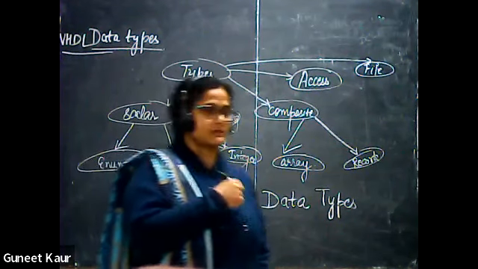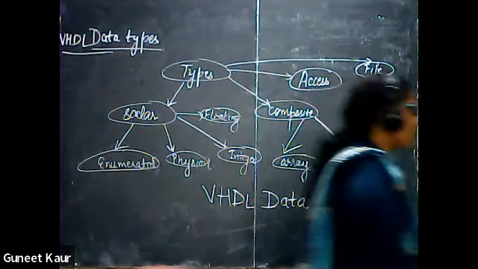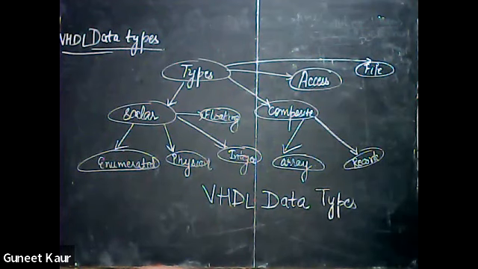in today's lecture. Now, going further, firstly I will discuss what data types actually are. You know that VHDL is a strongly typed language, and the type of a data object defines the set of values the object can assume, as well as the set of operations that can be performed on these values.